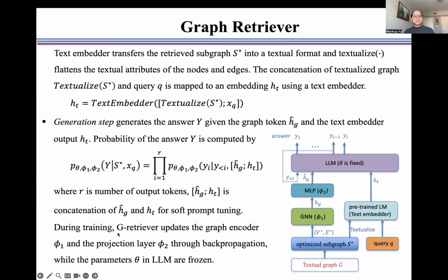During training, G-Retriever updates the graph encoder phi 1 and the projection layer phi 2 through backpropagation, while the parameters theta in the large language model are frozen.